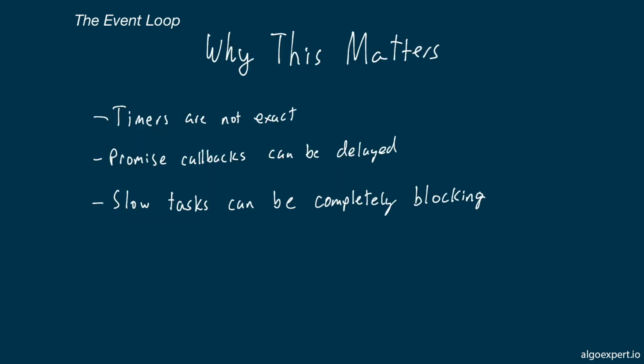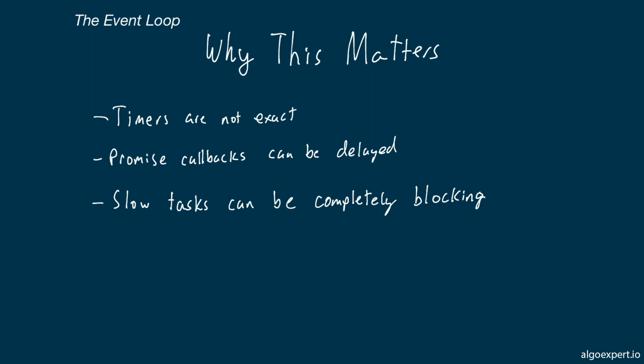But now to wrap things up, I want to briefly revisit why this matters and some key points here. First of all, timers are not exact. We saw that even a setTimeout with 0 delay does not happen immediately in some scenarios. So if you need extremely precise timing, you will need to use date objects or the performance.now function, possibly in combination with timers to achieve that goal.